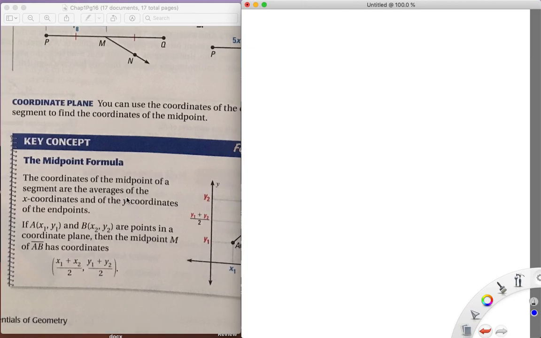Midpoint formula. Hopefully this is all reviewed. So I have two coordinates, x1, y1, and x2, y2.